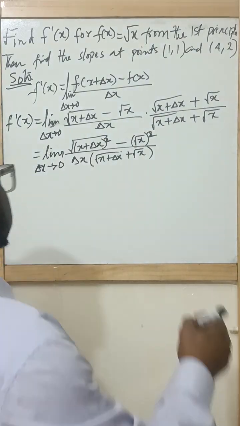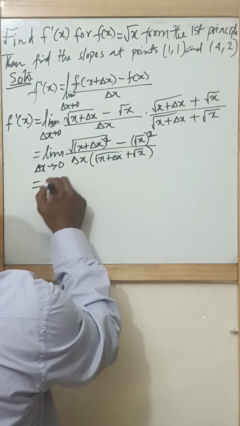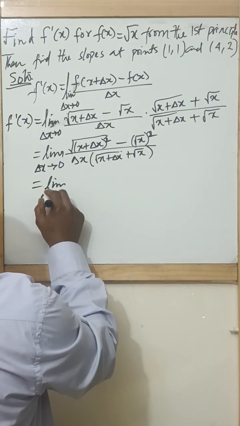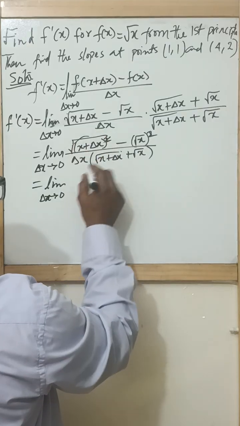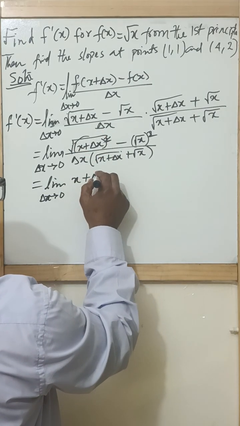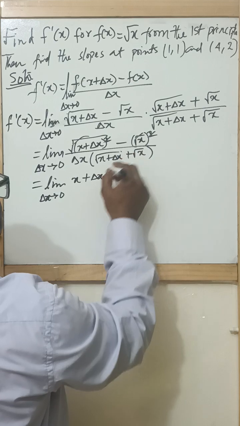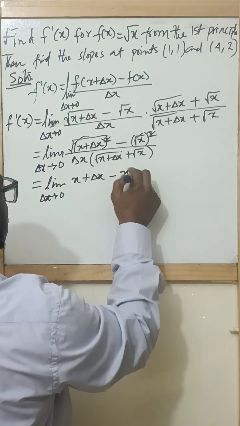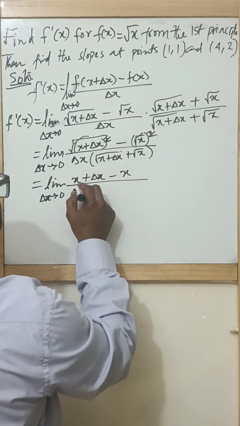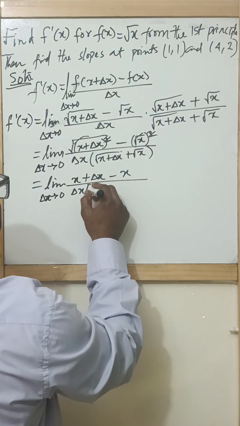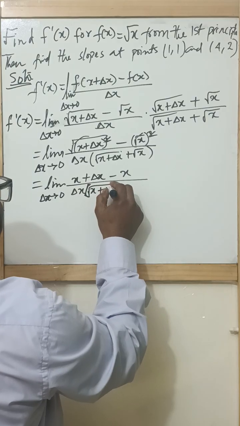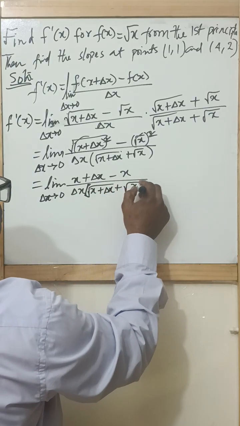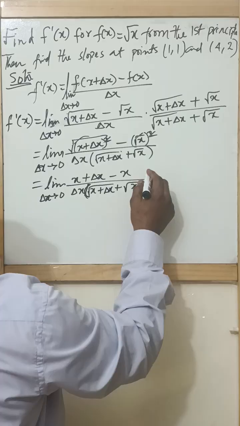Is this understood? So when you square, this gives x plus delta x, and when this cuts this, that's minus x, right? So delta x, then square root of x plus delta x plus square root of x.